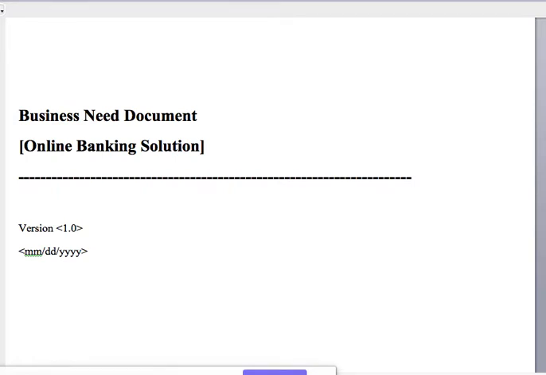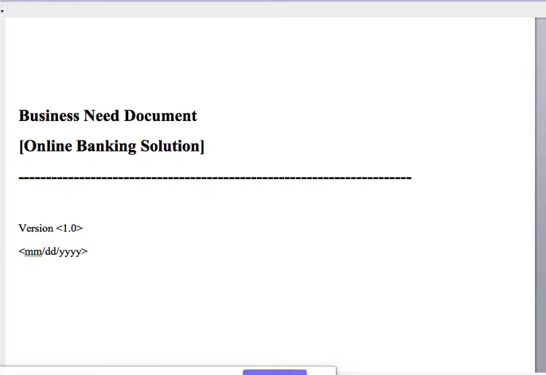For example, while defining the problem you go through analysis and research, collaborating with the relevant stakeholders, and you present that information to your different stakeholders, take their feedback, update it, present it back, and once they accept it, you define your problem statement or business need document, or you can say the opportunity statement.